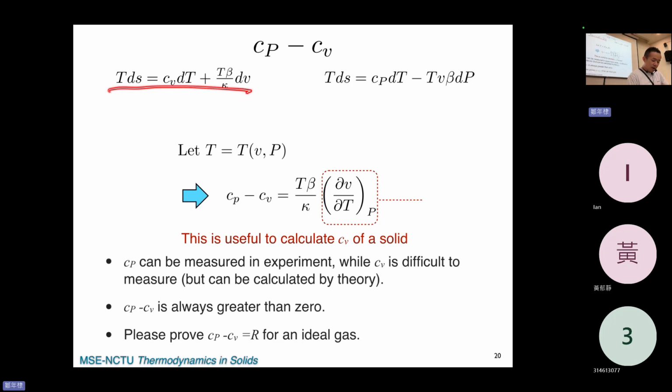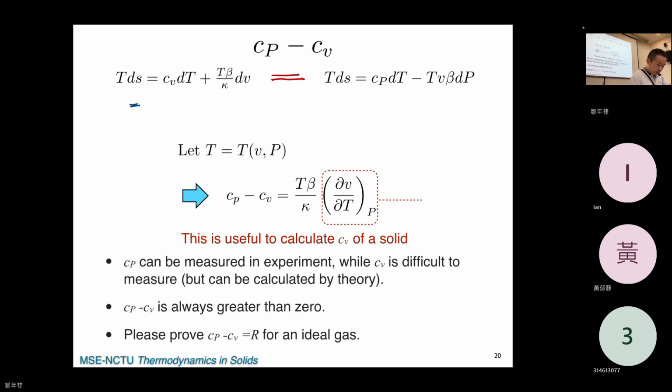We have equation 1, we have equation 2, and both of them have the left-hand side TdS. So actually TdS should be equal, right?